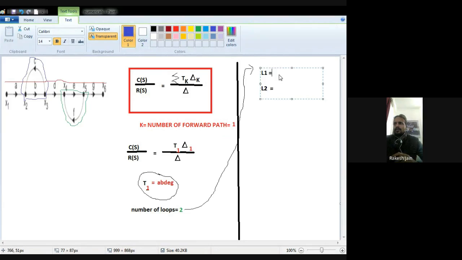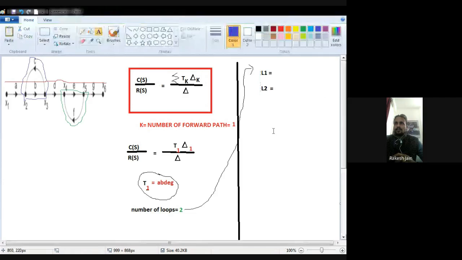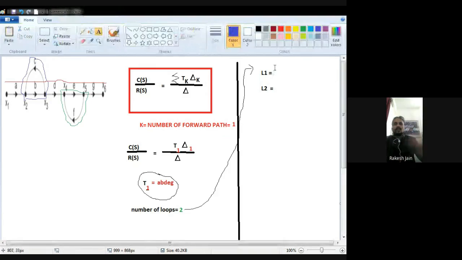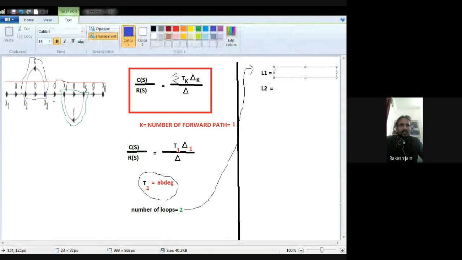L1 equal to, now see, what was my loop? BC. In that loop there are two branches, and for the loop gain, just multiply their gains, B and C. So BC is my first loop gain.